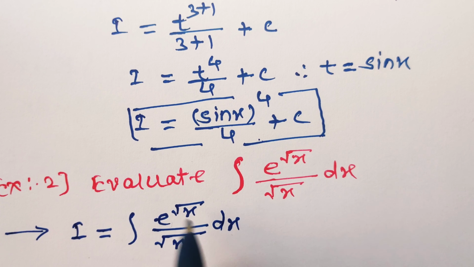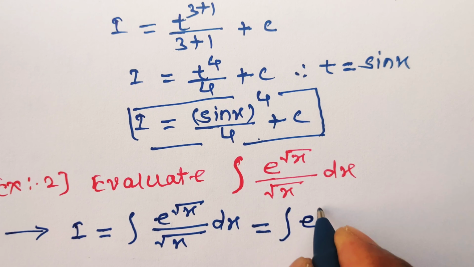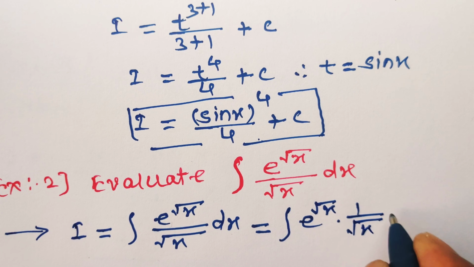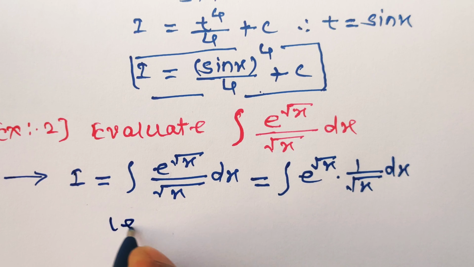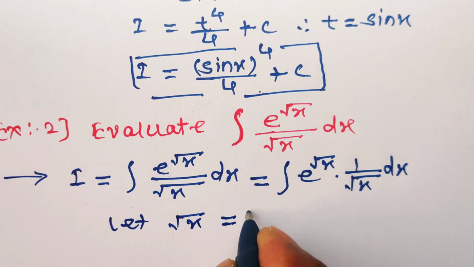Now split this integrand like this, e to the power root x into 1 upon square root of x with respect to x. Let root x is equal to t.